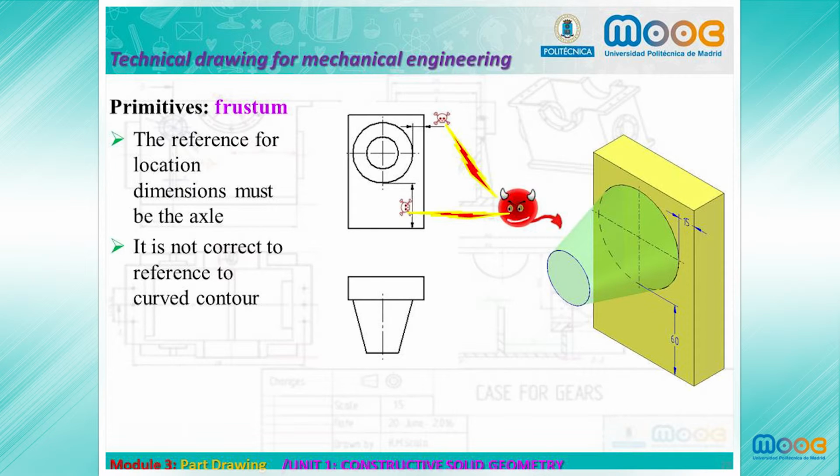The reference for location dimensions must be the axis. It's not correct to reference curved contours.